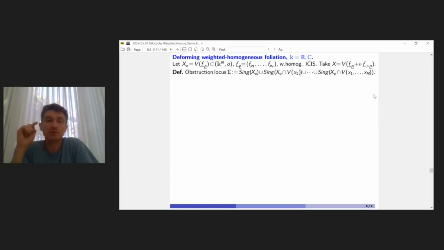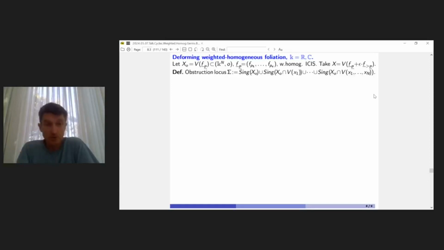Then I will intersect with the plane defined by x1 equal to 0, x2 equal to 0, and then x1 up to xn equal to 0. All such intersections. And for each intersection, I check the singular locus. Even if I start from the isolated complete intersection singularity, some intersections could get non-isolated singularity. And this is exactly the abstraction locus. So the only abstractions to deformation of the foliation sit here.